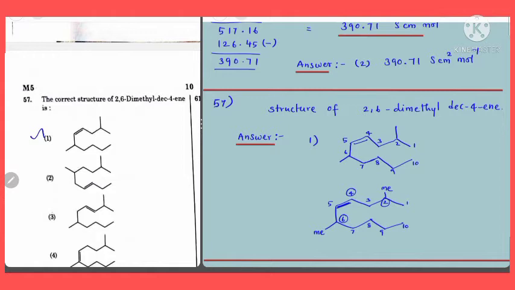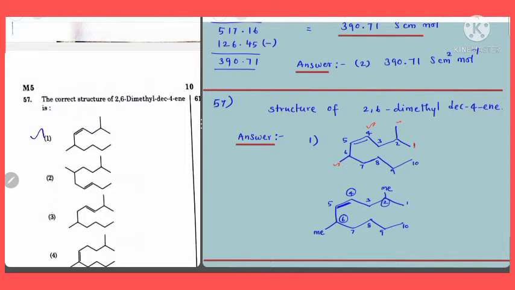Decene is an alkene with 10 carbon atoms, numbered 1 to 10. Dec-4-ene means the double bond is at the 4th carbon. This alkene has two methyl substituents, that's why dimethyl, one at the 2nd carbon and another at the 6th carbon. That's why 2,6-dimethyldec-4-ene. So option A will be the correct answer.